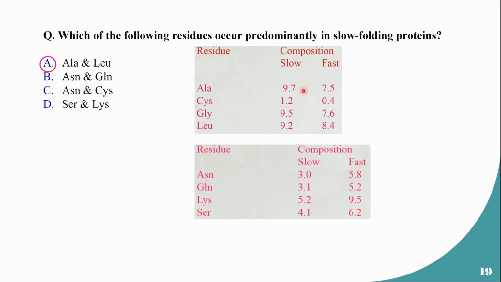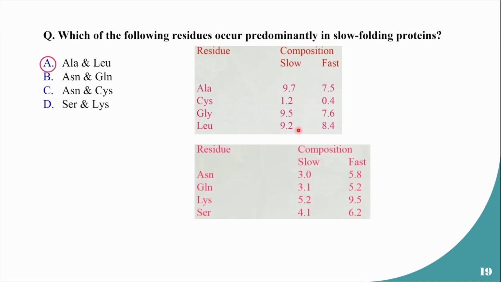Of course that does not mean these residues are not present in fast folding proteins, just that there is a slightly higher preference for them in slow folding proteins. In cysteine's case, fast folding proteins have only 0.4 while slow has 1.2, a 3 times increase. Glycine is 7.6 to 9.5.